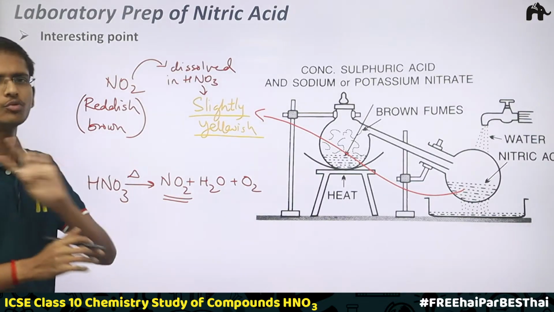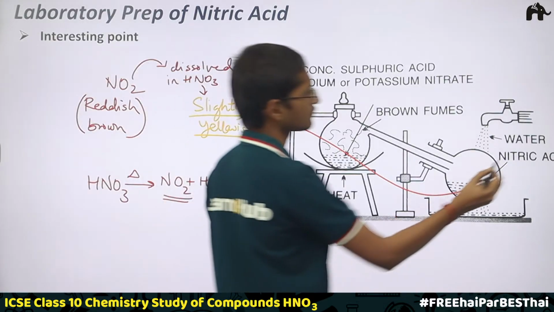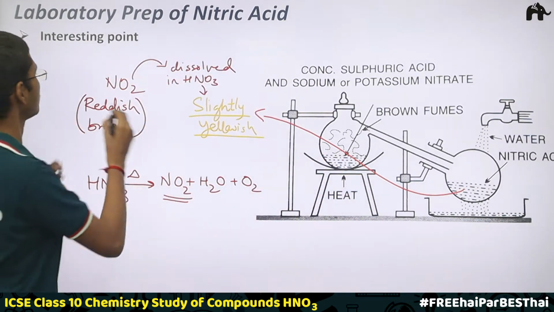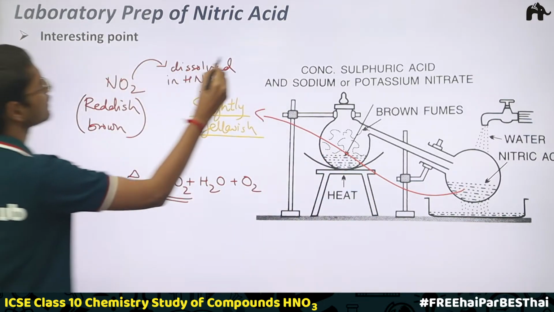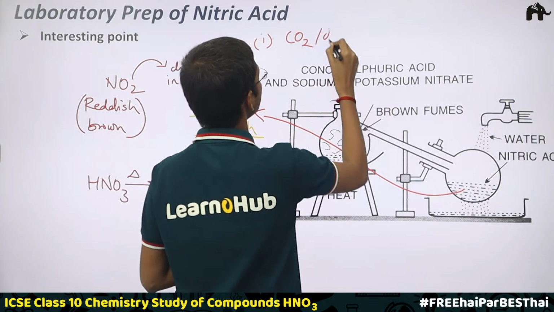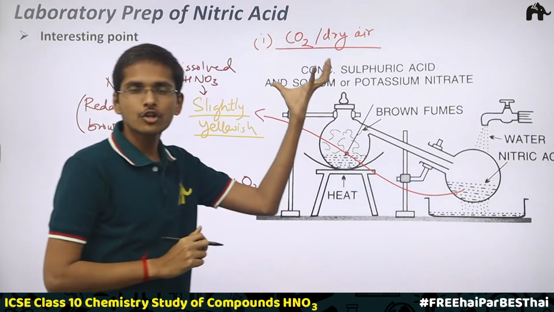So we have two methods to do this. Very interesting methods. First is carbon dioxide or dry air. I will write it here. Now what I'm going to do is pass this carbon dioxide or dry air.